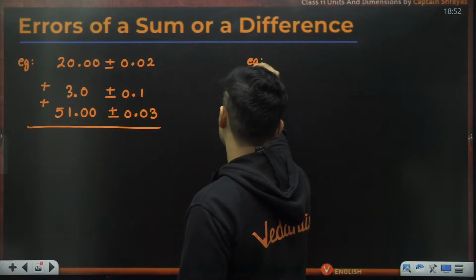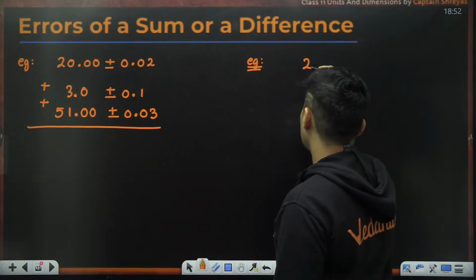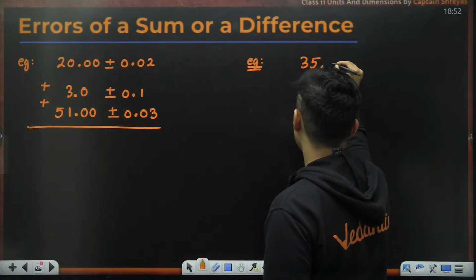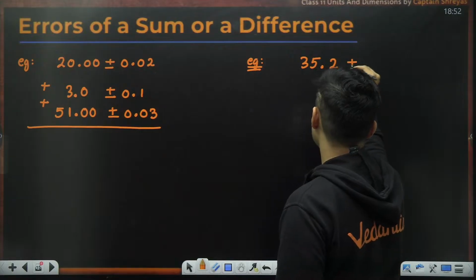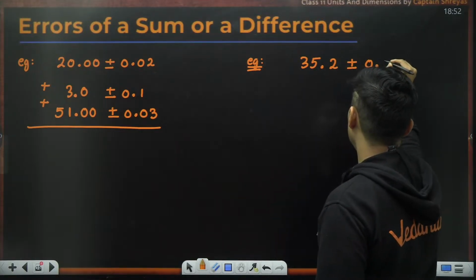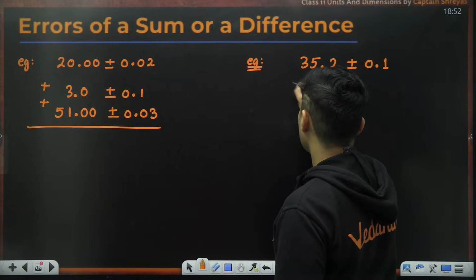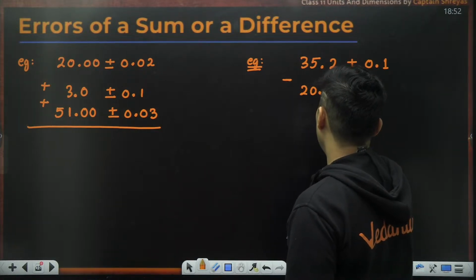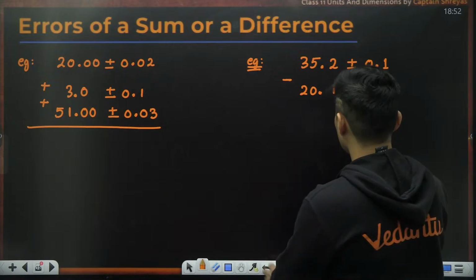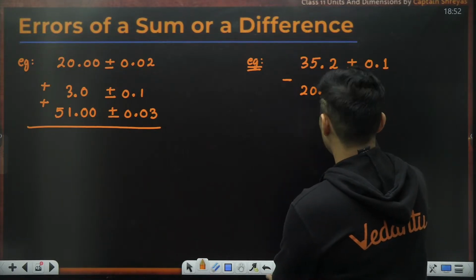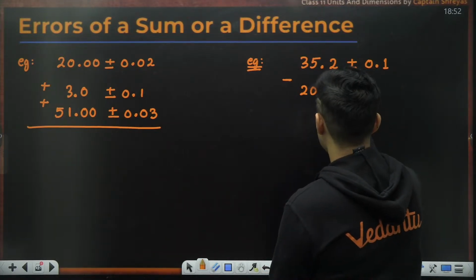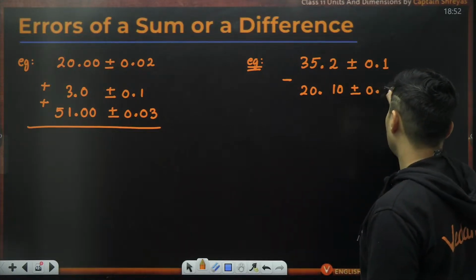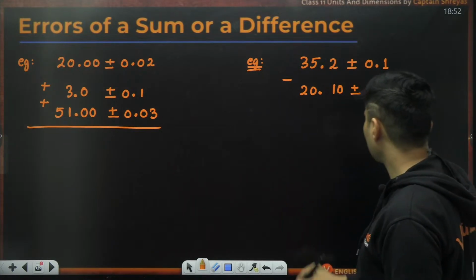Next, 35.2 plus minus 0.1, minus 20.1, sorry, 10 plus minus 0.20.